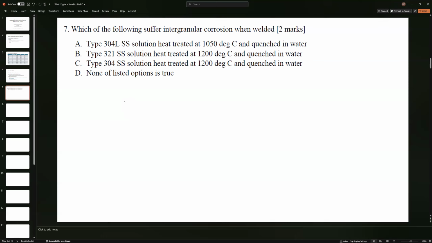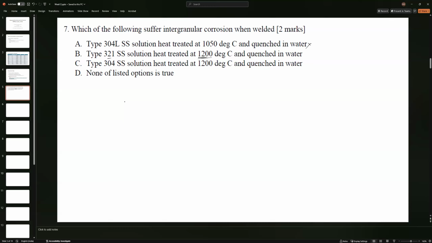So for the first one, it's a low carbon steel, so it's not susceptible to IGC, intergranular corrosion. That's why it's incorrect. Second one, it has titanium, but since it has been taken up to 1200 degrees, the titanium carbide has dissolved.